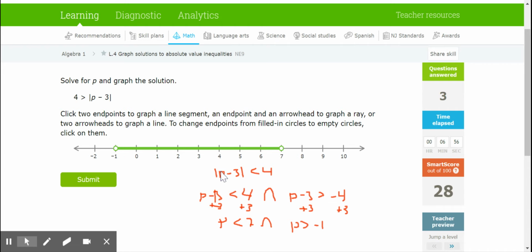So once again, we can say the middle of this function would be 0, and 0 occurs when P is 3. 3 minus 3 is 0. So if this is the middle, 1, 2, 3, 4 in that direction, and 1, 2, 3, 4 in that direction. No more than 4 units from the middle.